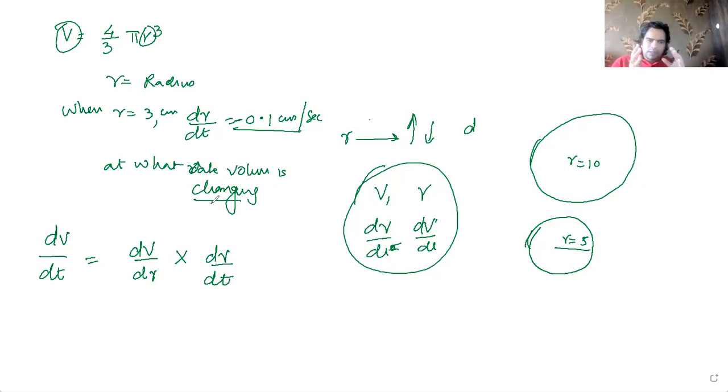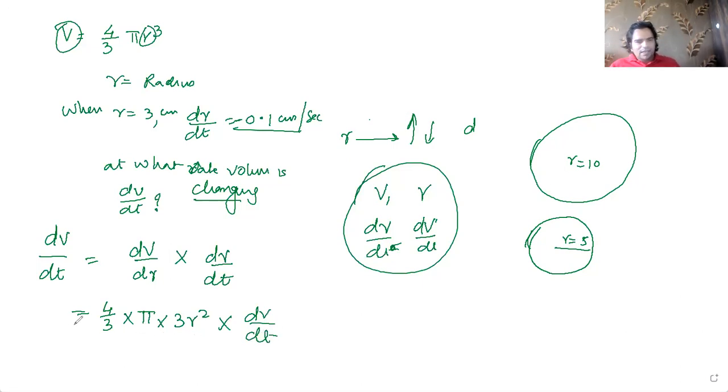So dV by dt is what we have to find out. dV by dr will be 4/3 times pi times 3r squared, and that is multiplied by dr by dt as it is, so don't touch that.